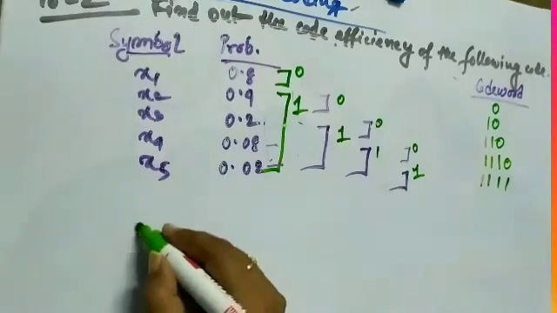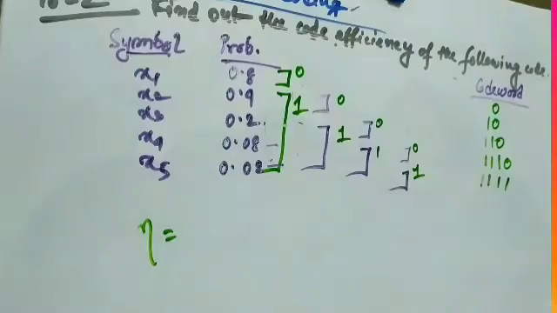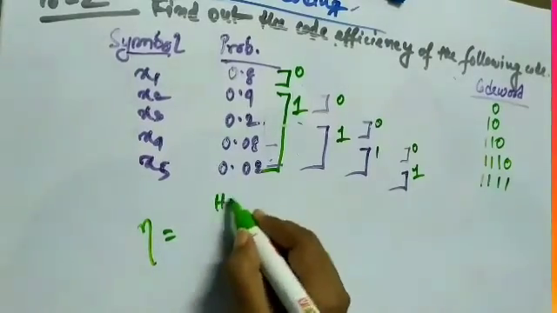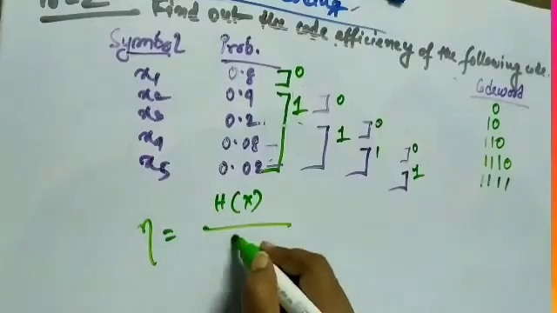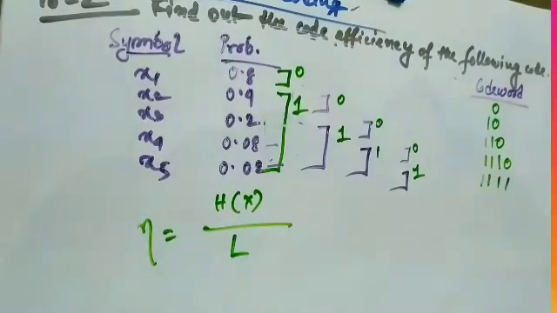Now we have to find out the eta. The value of eta will be H(X) by L, or H cap, as we denoted.